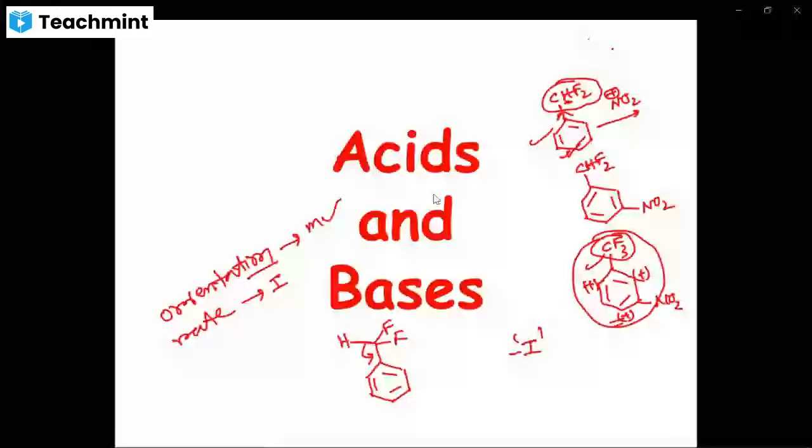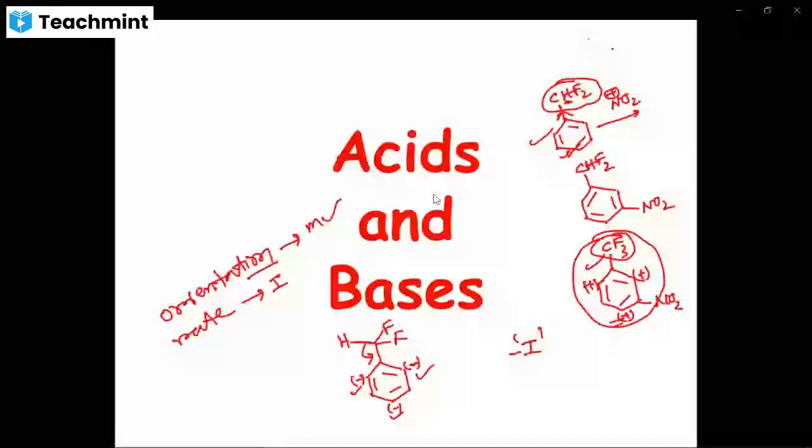That means hyperconjugation will produce negative charge on the ortho and para positions, right? Because if you push the arrow, you will see that negative charge will pop up on the ortho and para positions. So compared to meta, the ortho and para positions here will be more reactive because of the hyperconjugation.